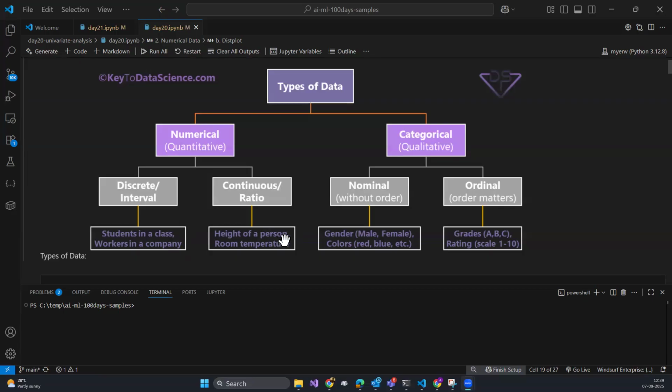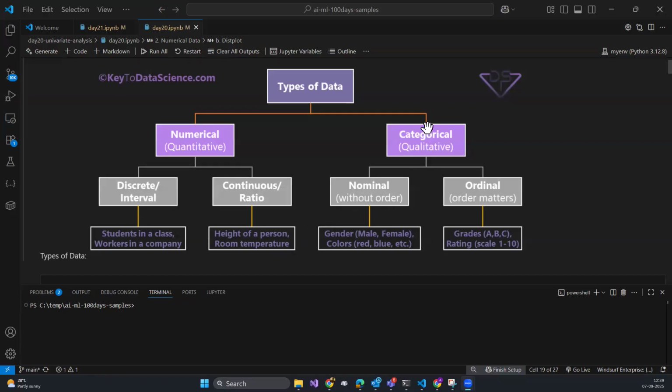So the height of a person is not consistent over a period of time, and room temperatures, right? These are continuous, where the height of a person is 5.5, 5.7, 5.6, right? And similarly, room temperature sometimes will be in decimal points. It will not always be exact.